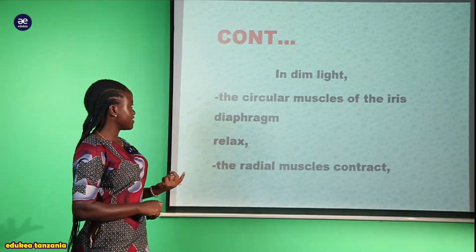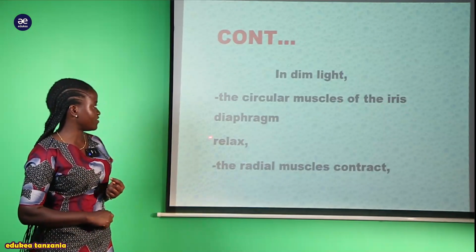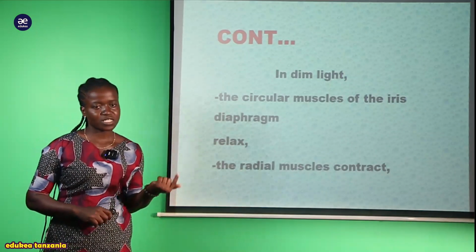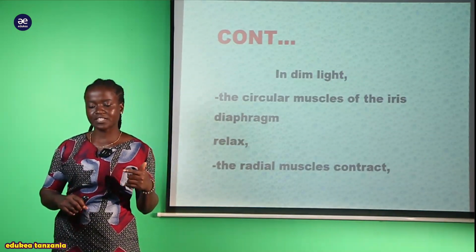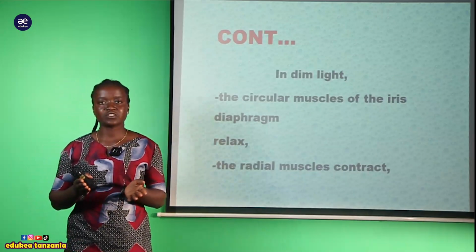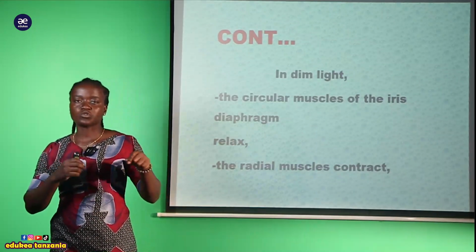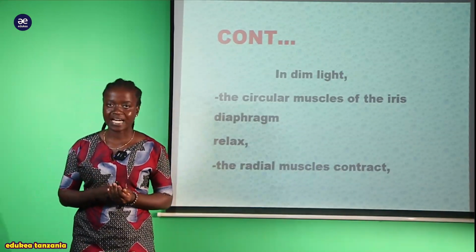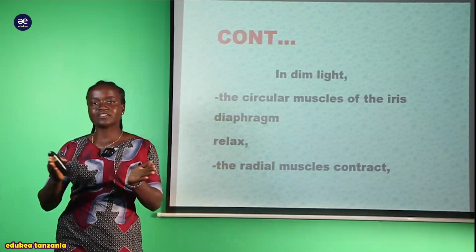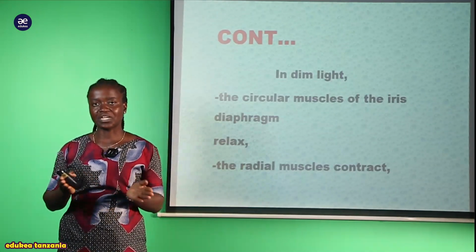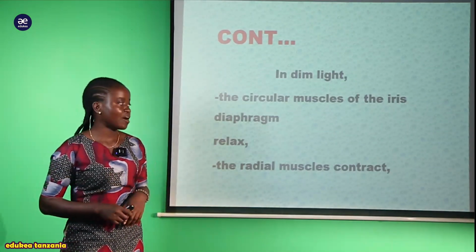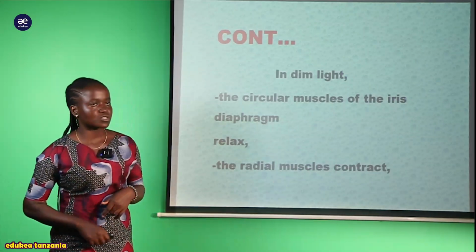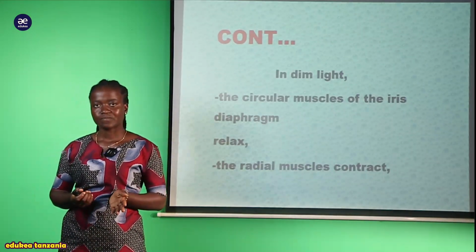So now we are saying that the circular muscles of the iris diaphragm relax. So zile iris, remember iris ndio ambayo iko responsible for controlling amount of light that can enter through your eyes. So now the iris diaphragm relaxes. After relaxing, the radial muscles will contract.